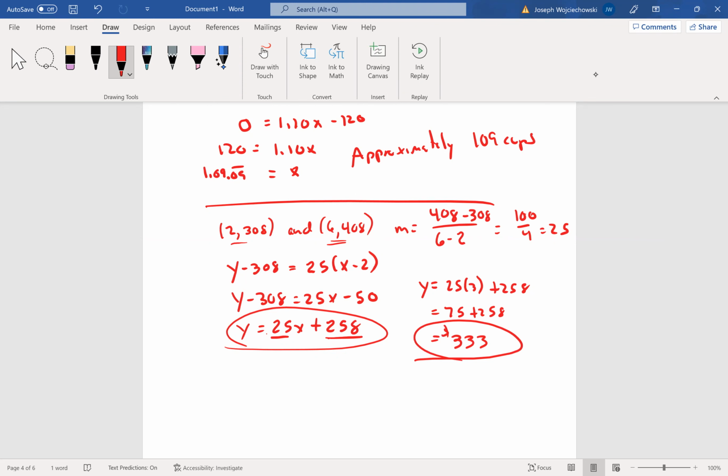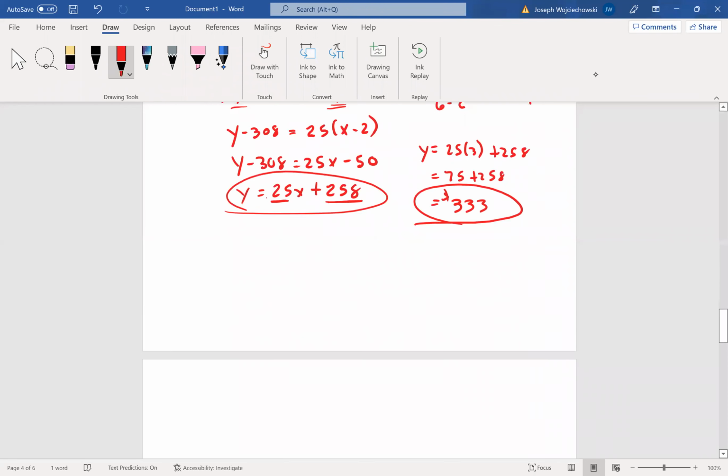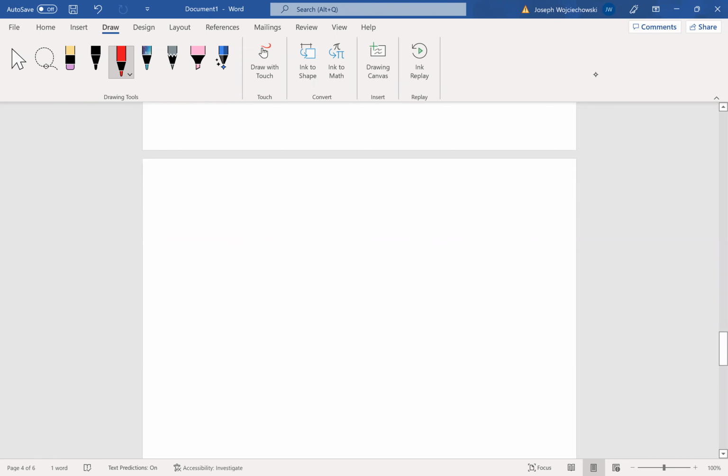Now the next thing we're looking at is called a least squares regression line. And there's a way to do this by hand, but we're going to learn to do it by calculator. So theoretically, we would graph the data in a scatter plot.